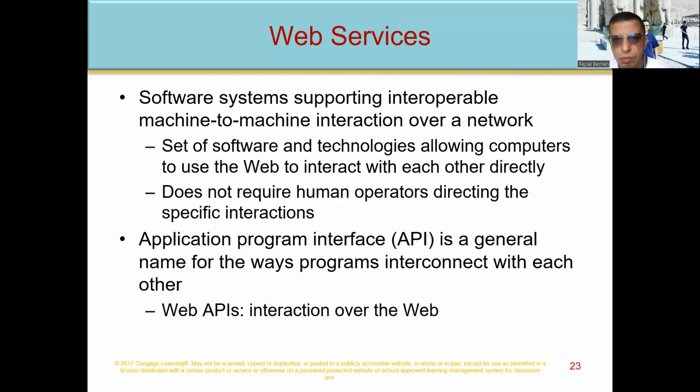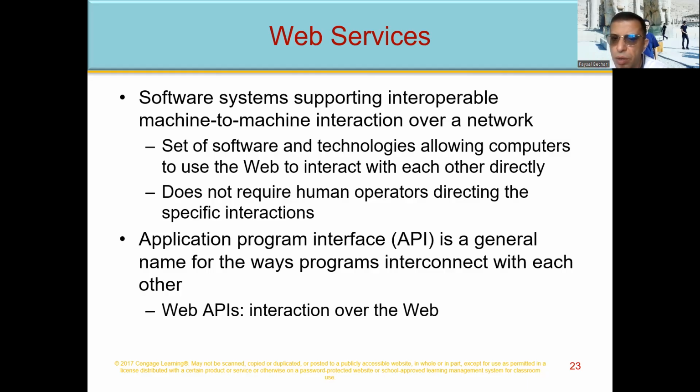Now, web services. Web services is a software system supporting interoperable machine-to-machine interaction over the network. So web services sit on your PCs and connect different PCs together. It's a set of software and technology allowing computers to use the web to interact with each other directly.